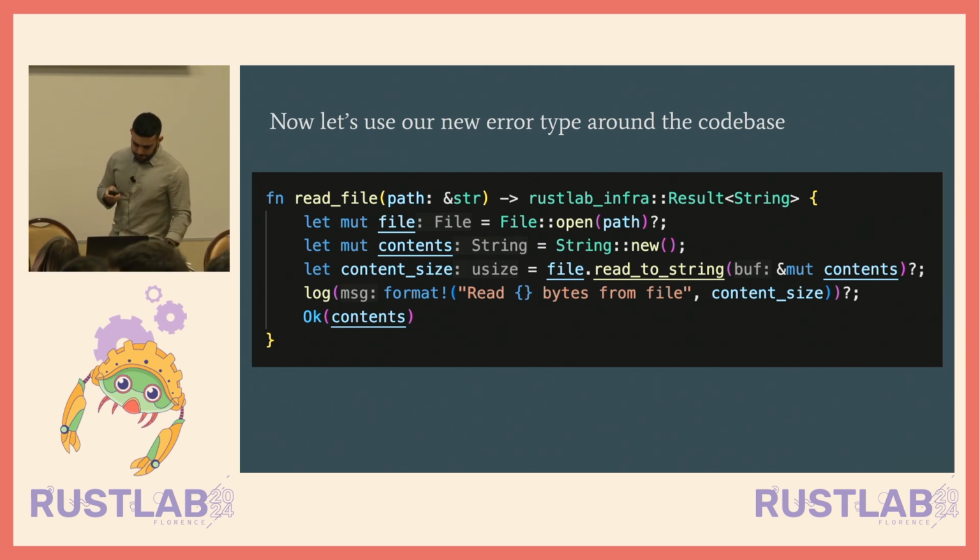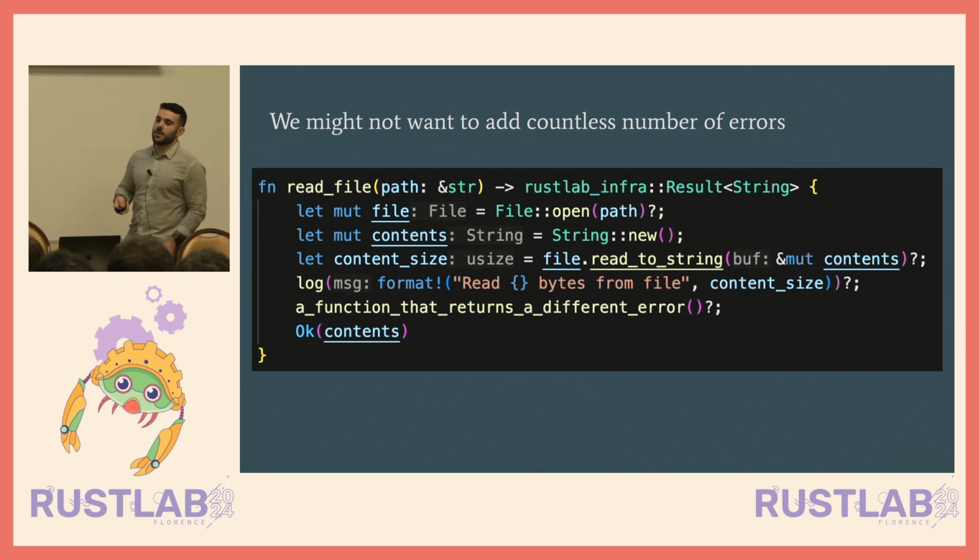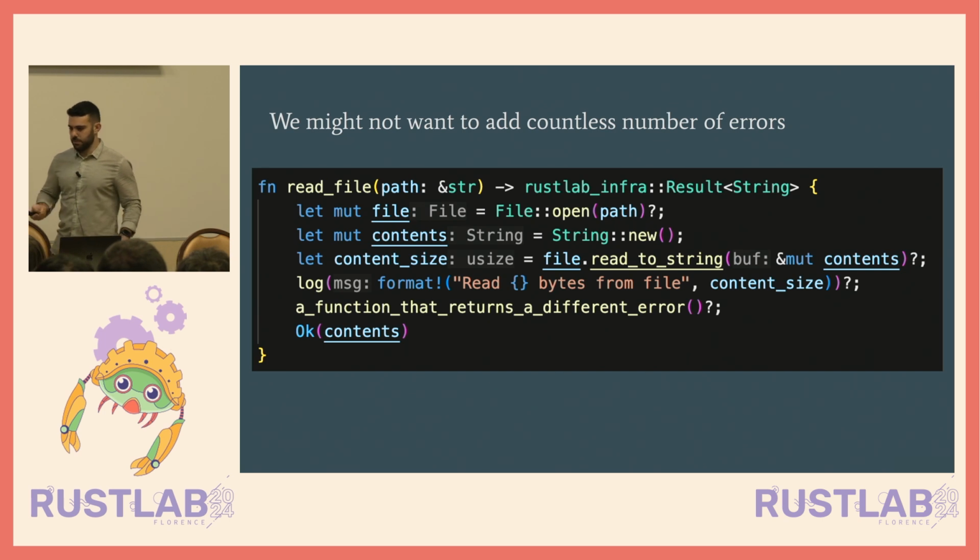So, let's complicate it a little bit more. Let's try to return a third kind of error, but now we don't want to add it to our error enum, because I don't want to add countless numbers of errors to my enum, since I can encounter a lot of errors during the development of my Rust library or code base.